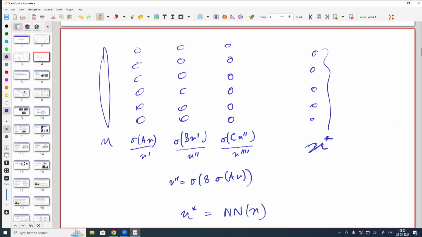Then I have a function that compares y and x star. If y and x star are essentially the same, the output of that function is close to 0. If they are very different, it is some large positive number. This is called the loss of the neural network on this input.